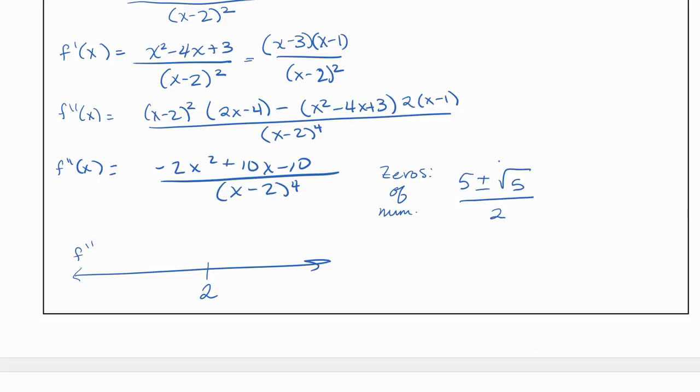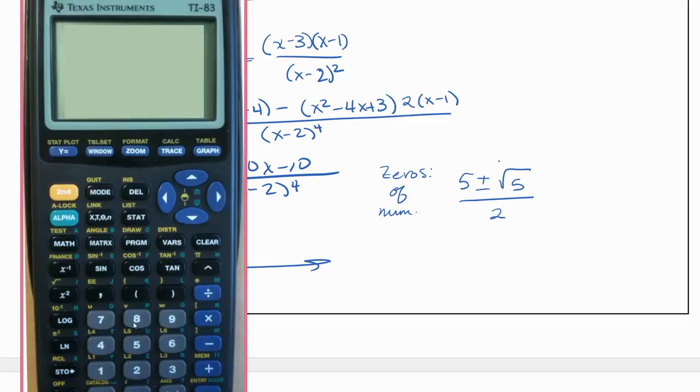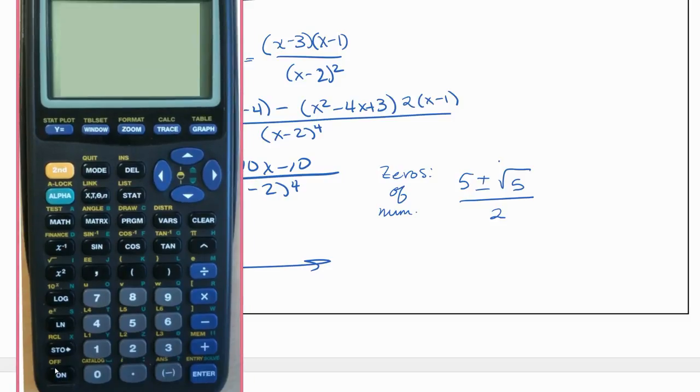Now to give us some sort of reference point, we'll do 5 plus the square root of 5 over 2.